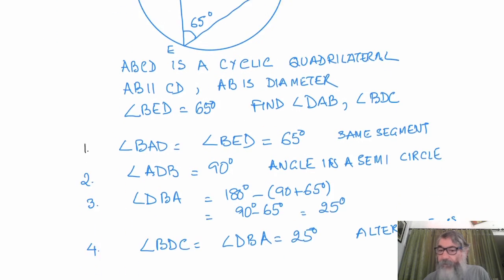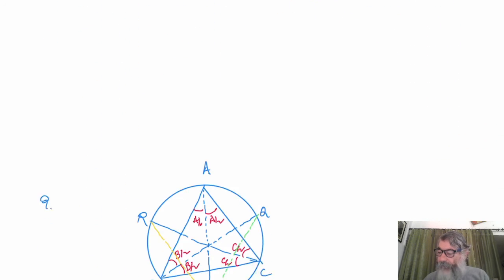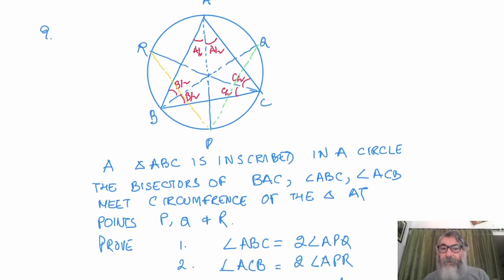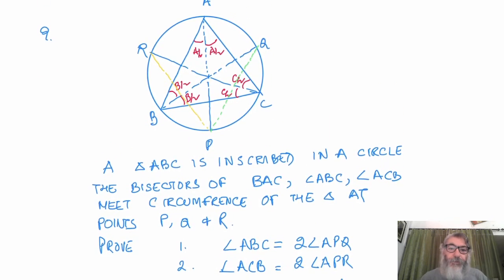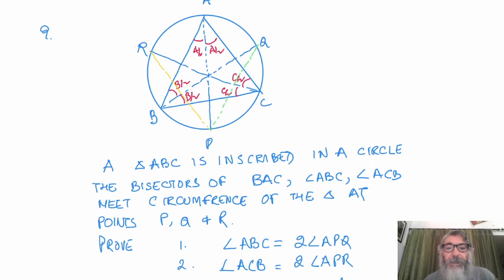Let's see question number 9. A triangle ABC is inscribed in a circle. That means the triangle is inside the circle, or you can say a circle is circumscribing a triangle.